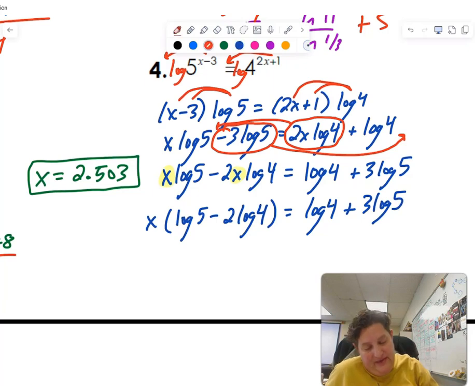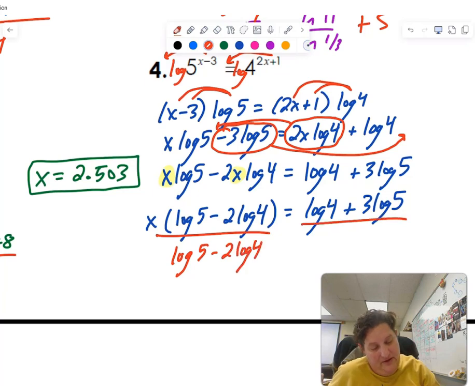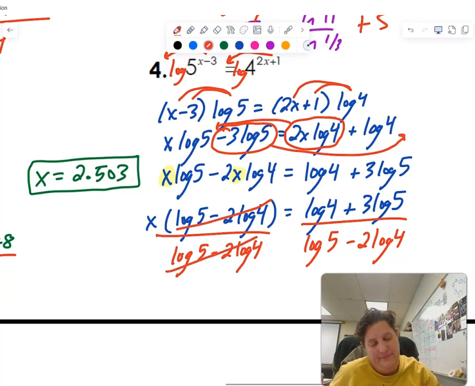And then finally, at the end, I divide this whole thing over so I can get x by itself. So I divide by log 5 minus 2 log 4. Okay?